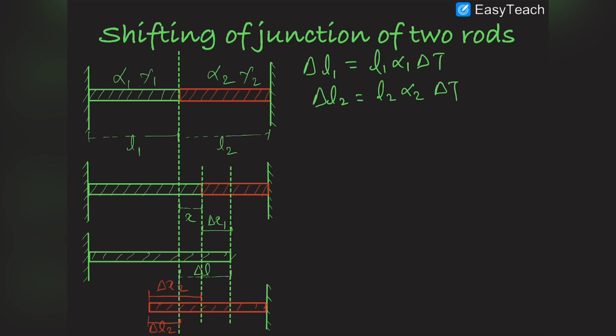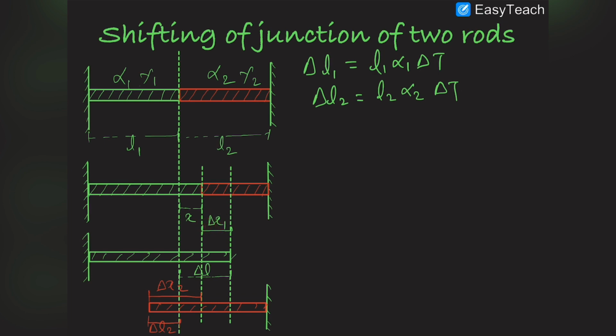So we can easily assume that this red rod will oppose the expansion, and therefore this x would be less than delta L1 because this green rod is not expanding freely. It is expanding against this red rod, therefore its expansion would be somewhat less than the free expansion length of this green rod. So we can also assume that this green rod has expanded by a length of delta L1, but this red rod has compressed the length of this green rod by another delta x1.